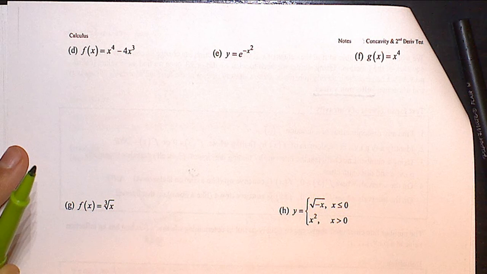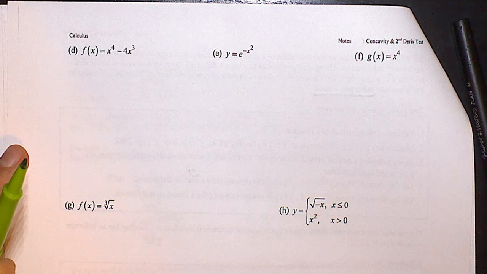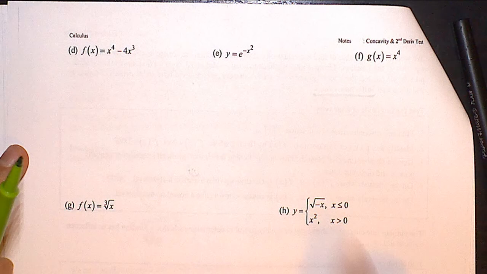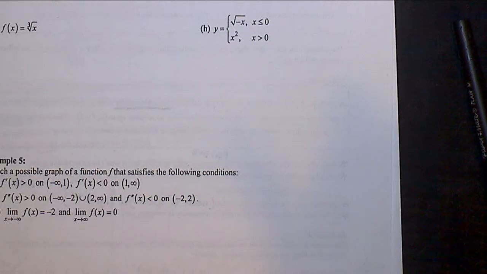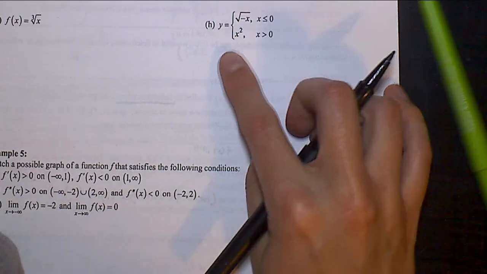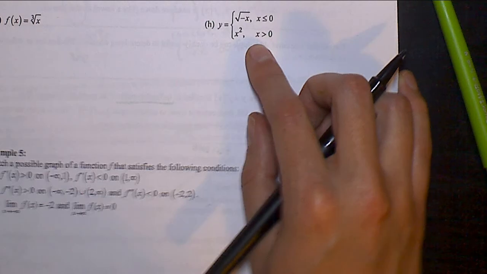Which one should I do? I'll do this one because the notes I took for it on my other page are really messy. So hopefully I can do this slightly more neat. I'll do this one with the piecewise function. The piecewise function I think looks more intimidating than it is.